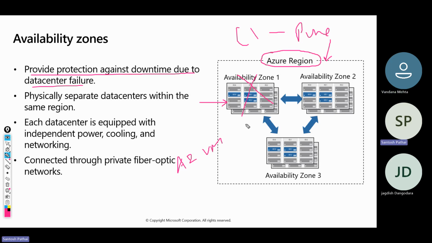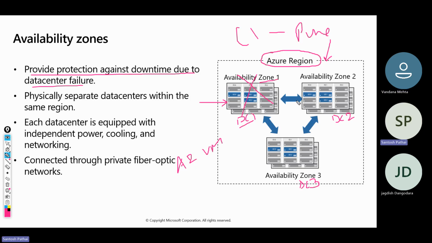So in my account, maybe I'm selecting Central India availability zone one. Let's say this is actually data center one, this is data center two, and this is data center three. For me, availability zone one is actually data center one.